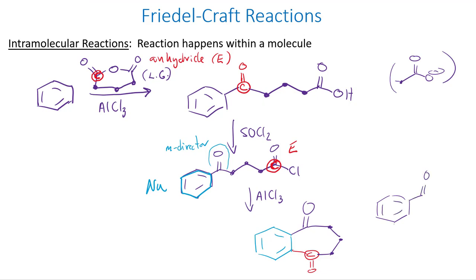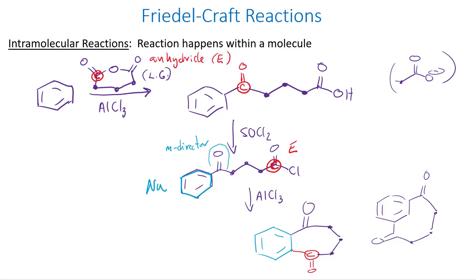And so we could certainly imagine that regiochemistry that we'd predict being followed with a 3-carbon system here. It would certainly be a strained system, but this would represent a reasonable answer as well.